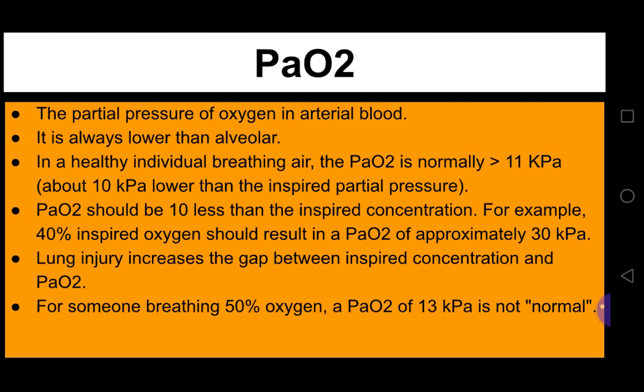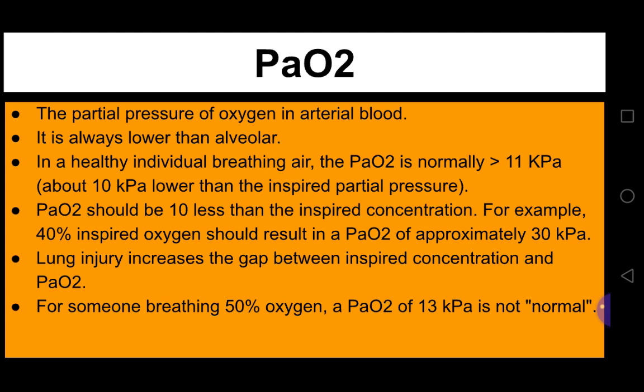The last component for ABG analysis is PaO2. PaO2 is the partial pressure of oxygen in arterial blood and is always lower than the alveolar partial pressure of oxygen. In a healthy individual breathing air, the PaO2 is normally more than 11 kPa, and it is about 10 kPa lower than the inspired partial pressure.